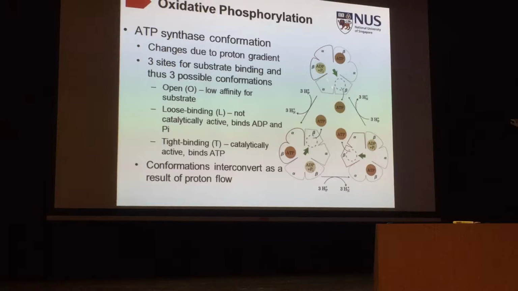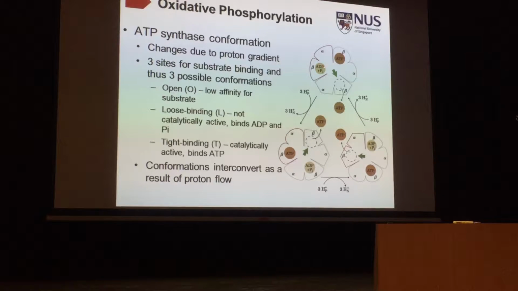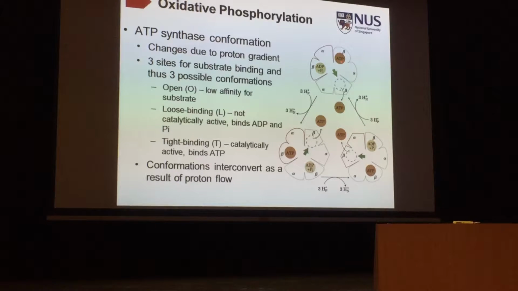Then you have a loose binding site, which binds the substrates ADP and Pi. And of course, the tight binding site, which is catalytically active, and it binds the product. It converts the ADP and Pi to the product ATP over here.